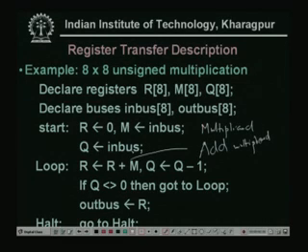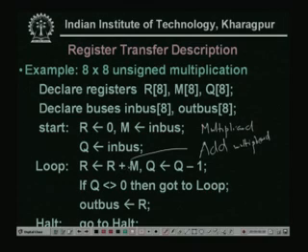Now, multiplier is decremented by 1, because multiplication is nothing but how many times we will add. So, we are actually doing Q into M, so q times m will be added.